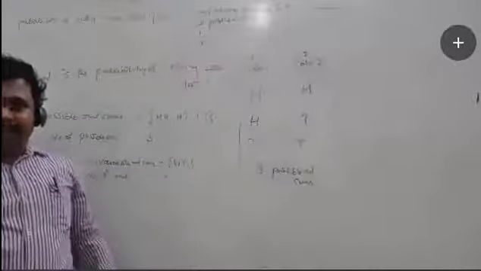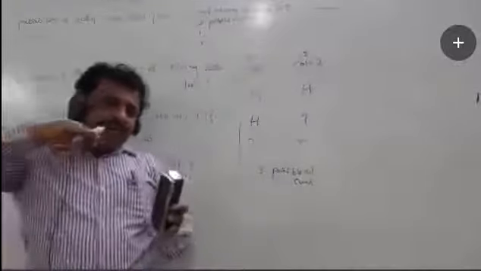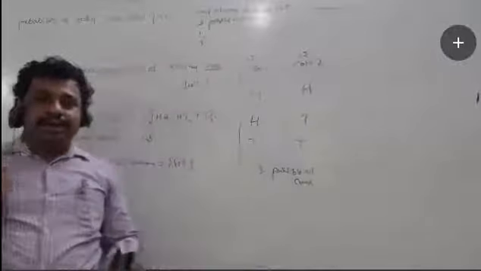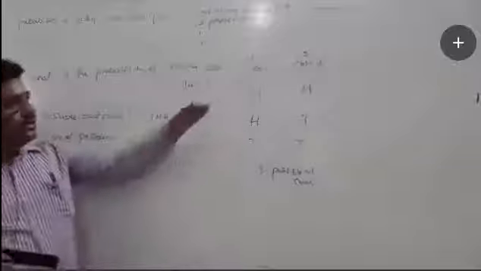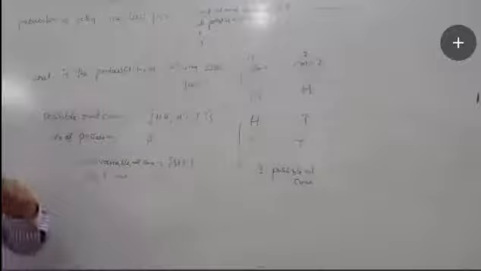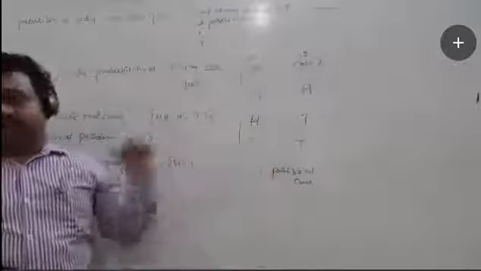I think you understood the difference between tossing two same type of coins and tossing two different coins. If we toss two different coins, there are 4 possible outcomes. If we toss same type of coins, there are 3 possible outcomes.